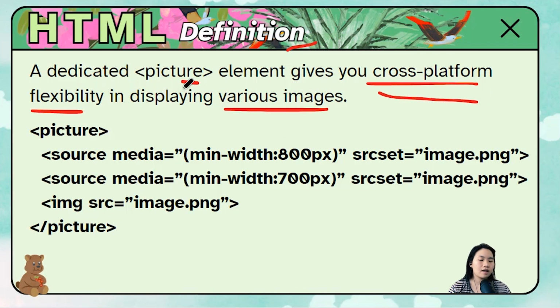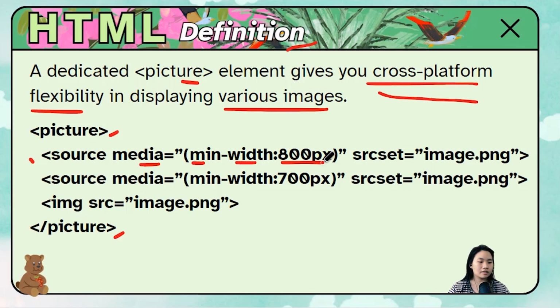Now, this is the syntax that we're dealing with. We have the picture tag over here, opening and close. Then we have the source with the media attribute, which handles the screen size input, right? So the minimum width is 800 pixels.